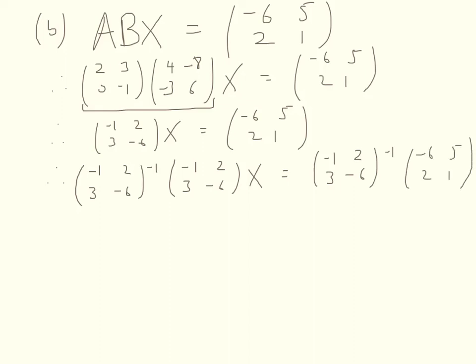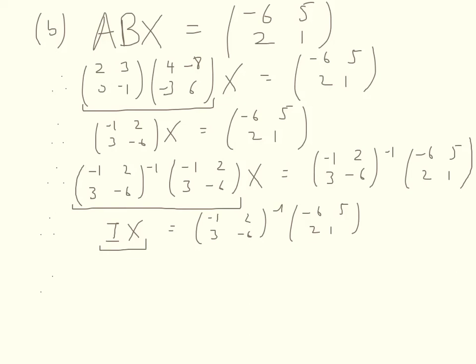And then you should remember this from the last time. Any matrix times its inverse is the identity. And the identity times any matrix, well, the matrix isn't changed. So this is how, exactly as in part A, we've made X the subject of the formula.